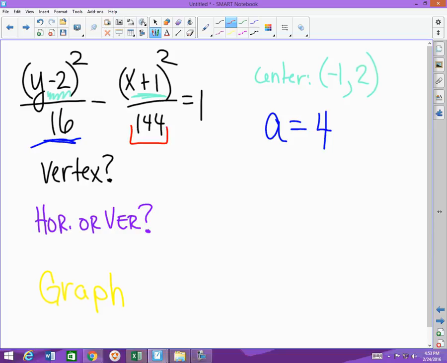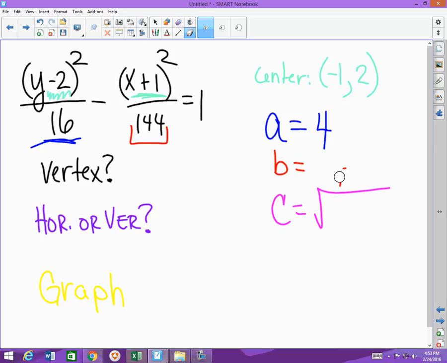B, on the other hand, is the square root of 144. Back that up, I just messed up. This is 12, because that's the square root of 144.